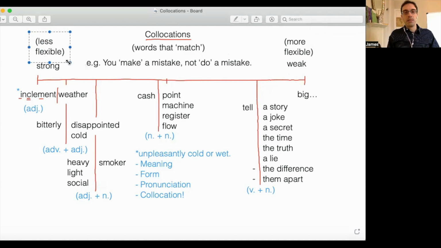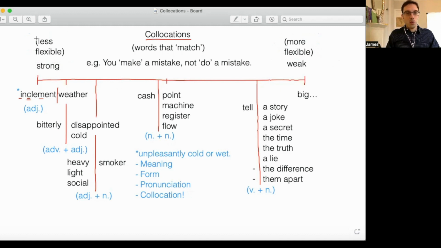Now, that basically means that they have a limited amount of other words that they match with, okay? And on the other extreme, we have more flexible words that can be used with a whole variety of different words. So let's look at an example on both sides of this spectrum, and then a few things in between.